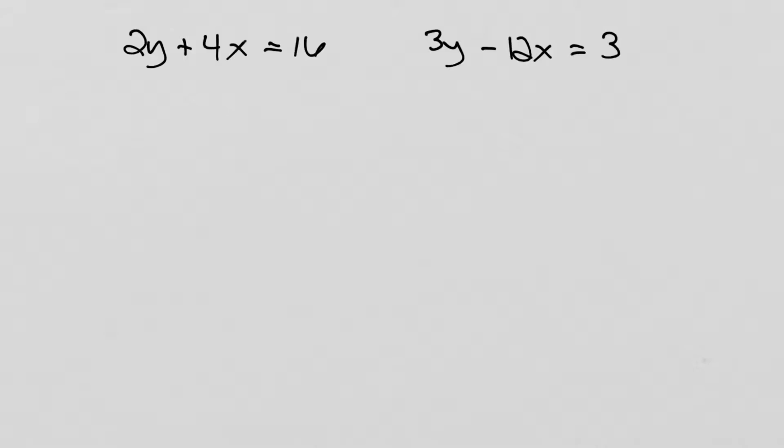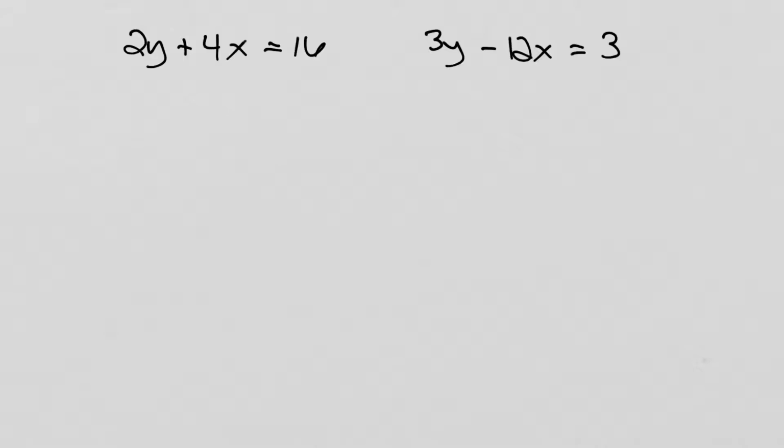And let's try one more just to make sure we're okay. What if I had 2y plus 4x equals 16, and how about 3y minus 12x equals, let's go with 3. Again, this one's a little bit tougher, but what we could do is put these in slope-intercept form and then pair them up after that.